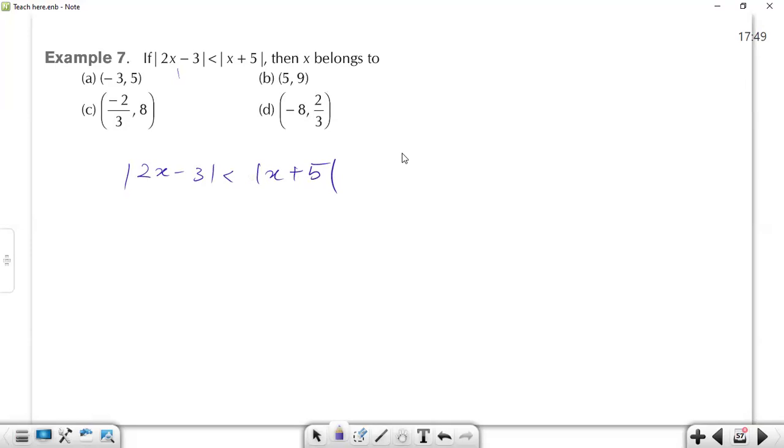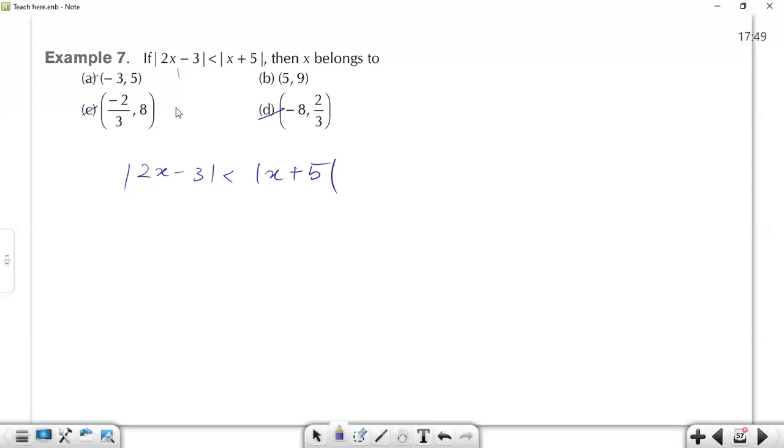For which domain of x will this inequality stay true? So let's eliminate from the options. If we take any number from -3 to 5, let's take 0, because yes, 0 is in three options. This option as well, this option as well, this option as well.